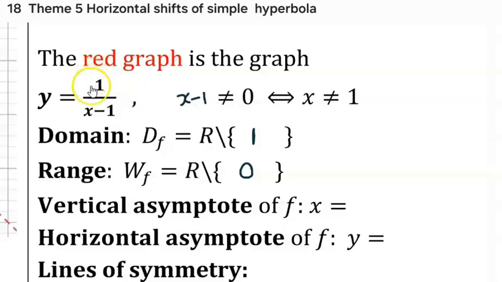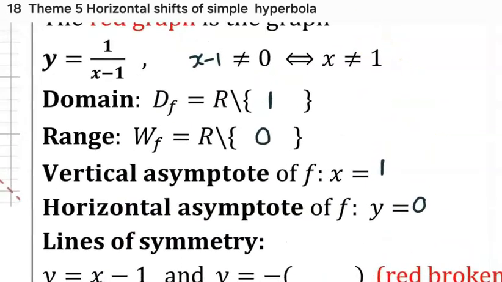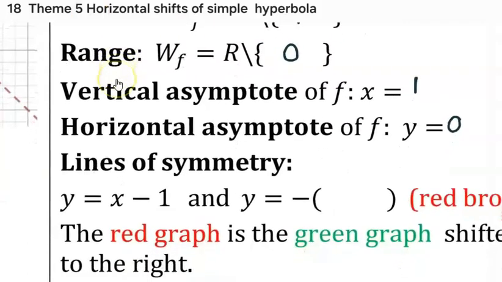So it's only the numerator that can give us 0 values. In this case, our vertical asymptote is now x equal to 1, and our horizontal asymptote is still y equal to 0. The line of symmetry is exactly this x minus 1, which was in the denominator, because the x changed to x minus 1.